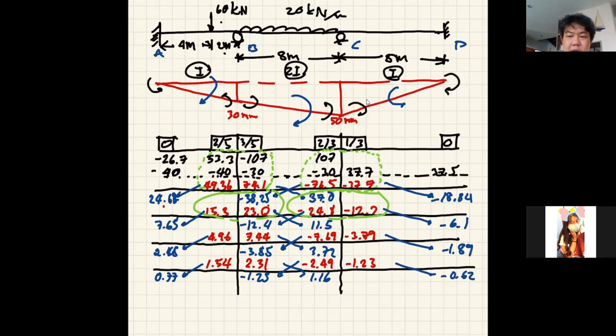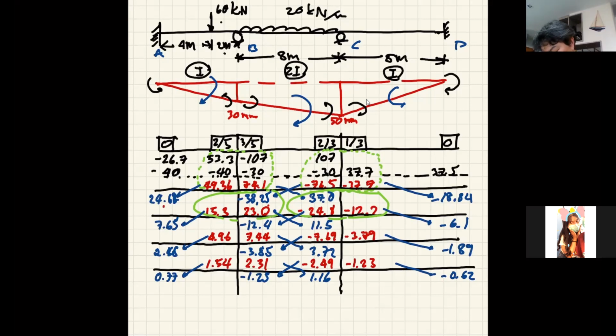But let's say the common mistake that some of you can make is that you carry it over, the number is already small, so I'm just going to end it here. You cannot end by carrying the moment over. You must end by balancing them. Otherwise the last cycle will not become zero.